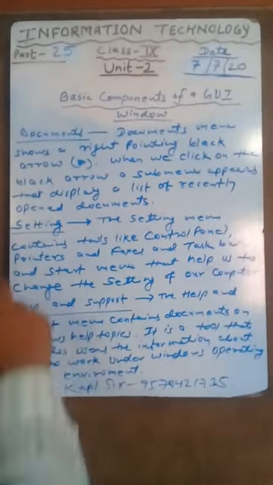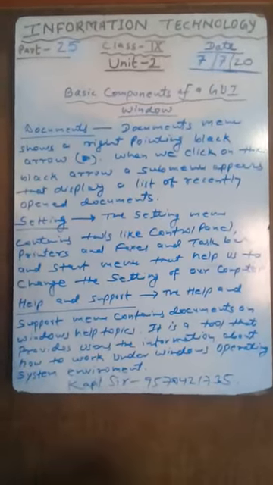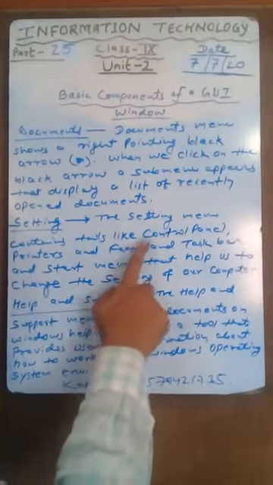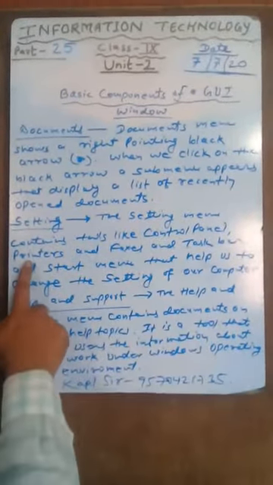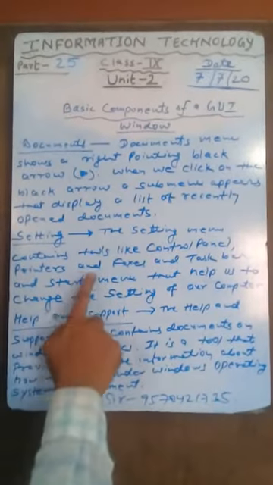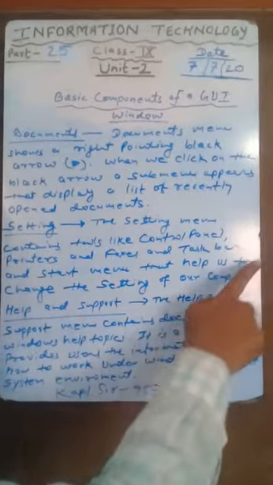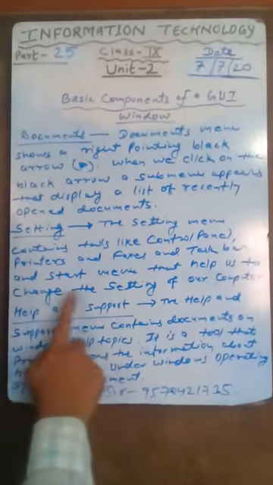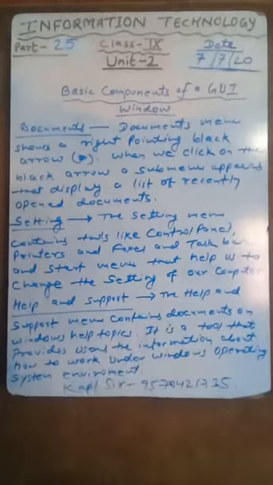Now our next point is the Settings menu. The Settings menu contains tools like Control Panel, Printers and Faxes, and Taskbar and Start Menu that help us to change the settings of our computer.